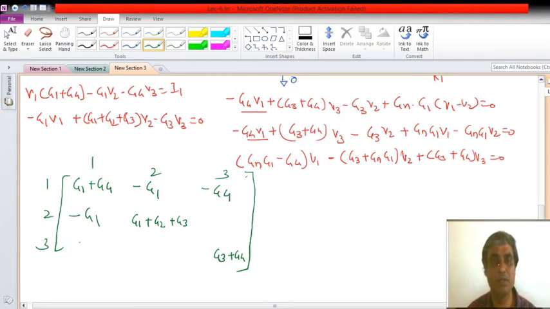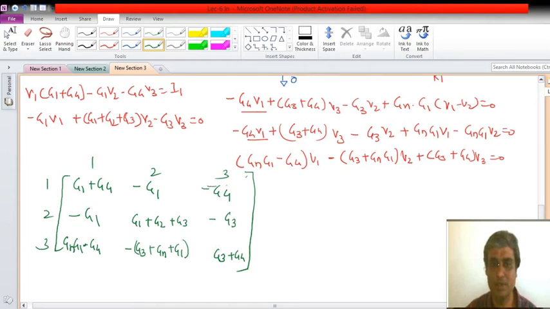For 3 to 1, it is G1 minus G4. This is minus G3 plus G1.